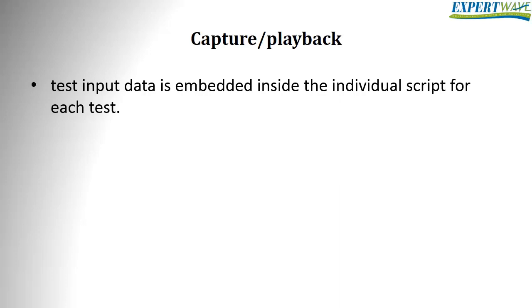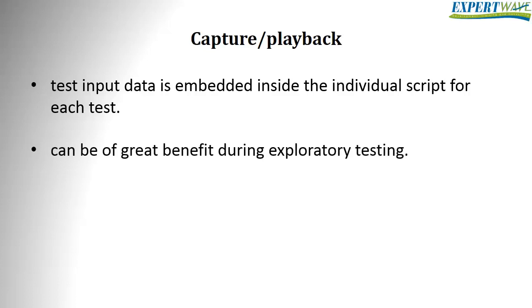So it will always use the same data every time you run the script. Any of these things can be overcome by modifying the scripts, but the effort will be more complicated than just re-recording the script again.